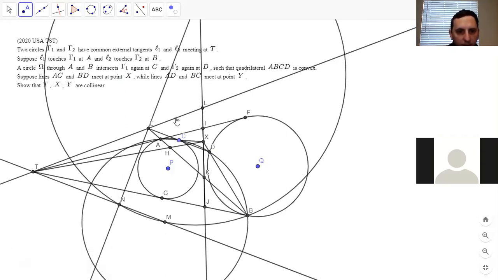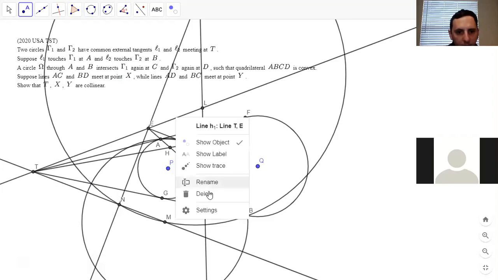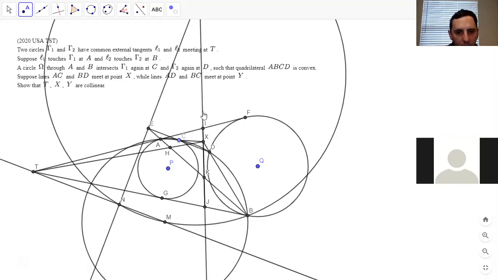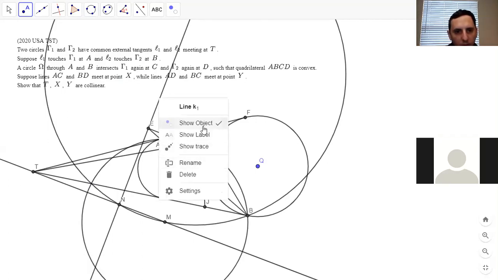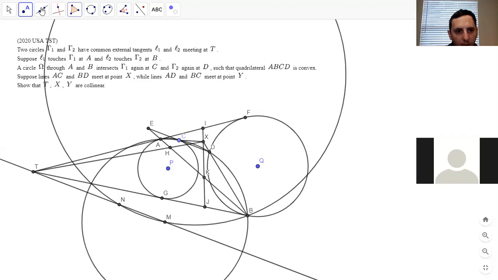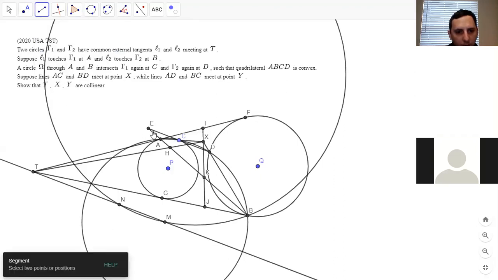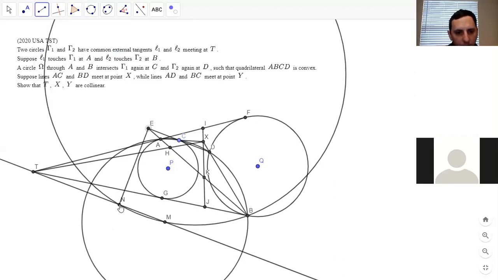All right, let me delete the stuff I added. Make it a segment.